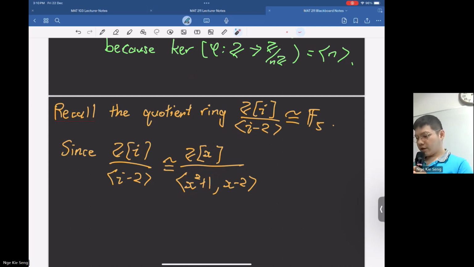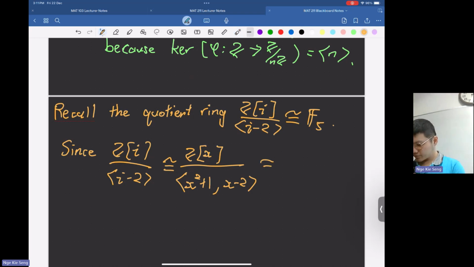There's a theorem that says if we are quotienting out by an ideal generated by multiple generators, we can quotient by any generator first. It's like dividing 6 by 2 times 3: you can divide 6 by 2 and then by 3, or by 3 and then by 2.